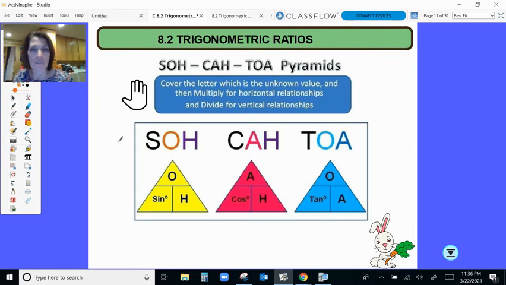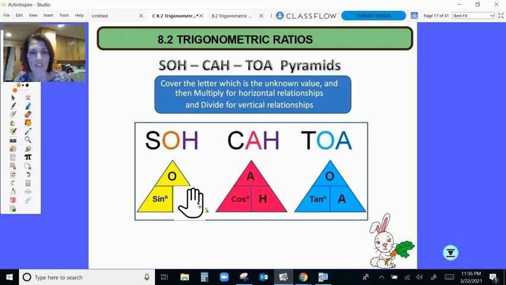Now, just a little bit of a trick I can teach you, and I don't want you to rely on this too much because you need to understand the ratios first. But sometimes they have these old trig ratios, SOH CAH TOA. When you set up your equation, whatever letter's missing, you kind of cover up. If I'm missing the opposite side, I know I'm going to multiply the sine and the hypotenuse.